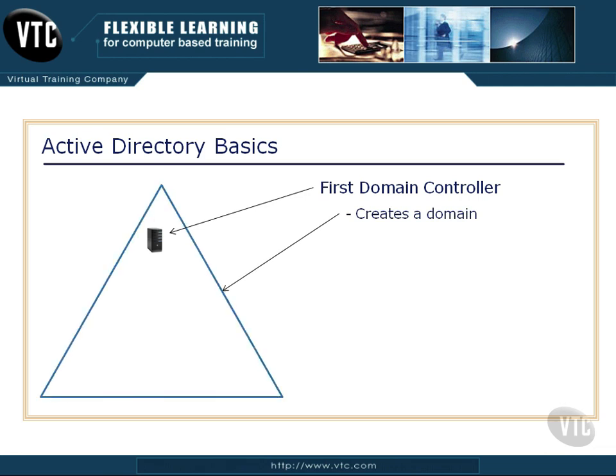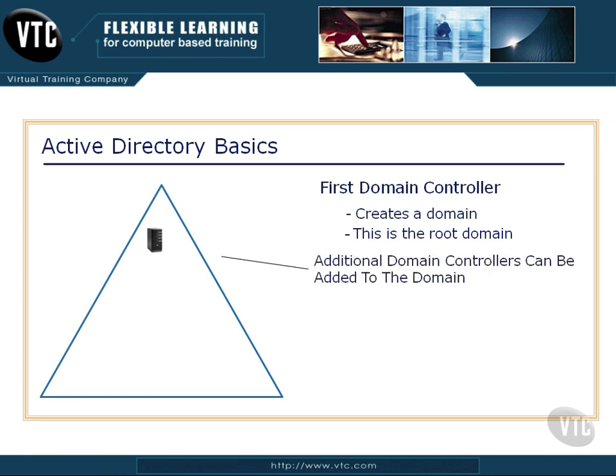Now, these are usually represented by triangles, and that domain, think of it as a security fence, and everybody inside that fence is going to have to play by the security rules that are set up in Active Directory. This becomes the root domain. We can create other domains as child domains or parent domains, and then we can connect them, but this is going to be the parent of all future domains right here.